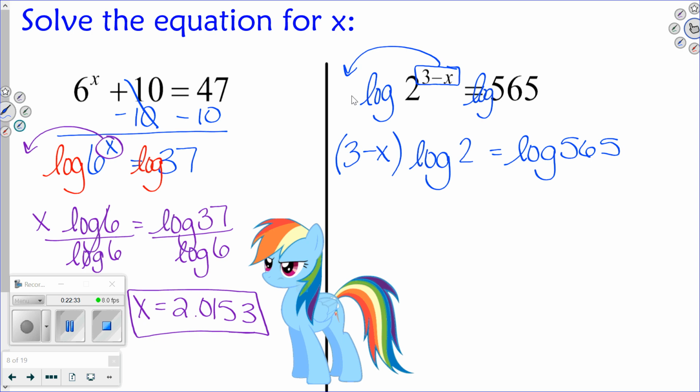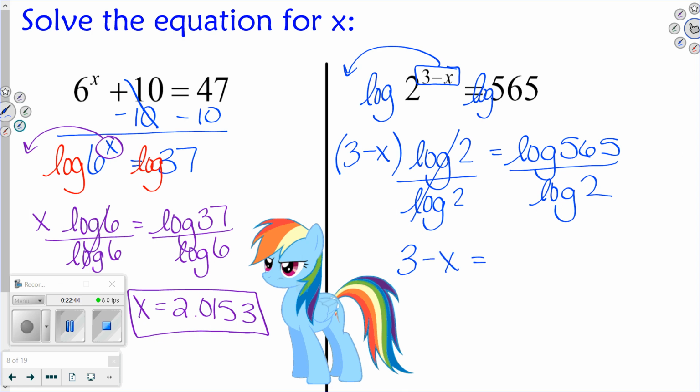Okay, from here, we will divide by the log of 2. So the log of 565, close parenthesis, divided by the log of 2. You get 9 point something something. All right, what do I have to do next?